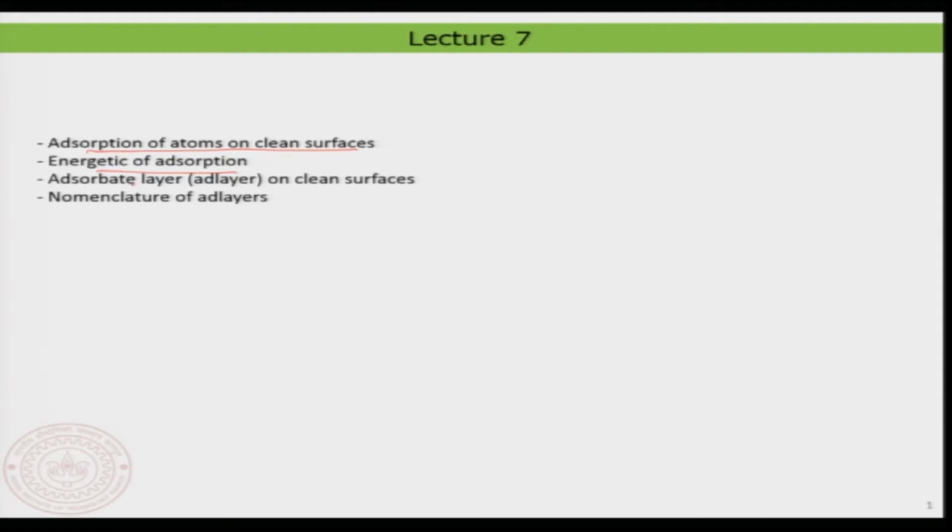Then we will look at adsorbate layers in general, mainly the nomenclature of the ad layer. So, how do we name these different types of ad layers? When I say ad layer, it means an adsorbed layer.